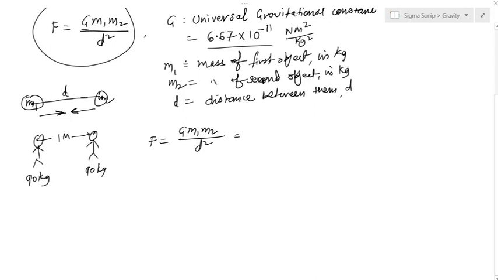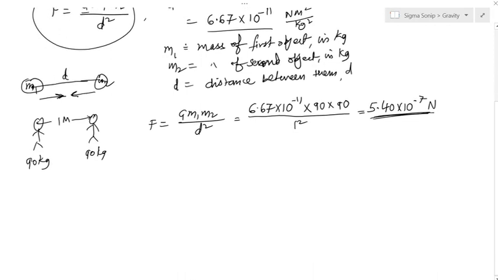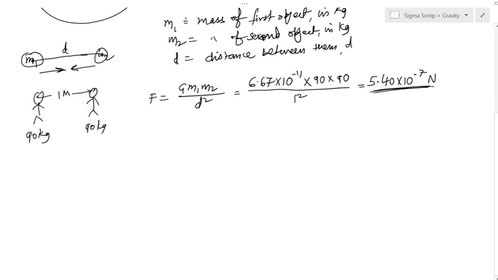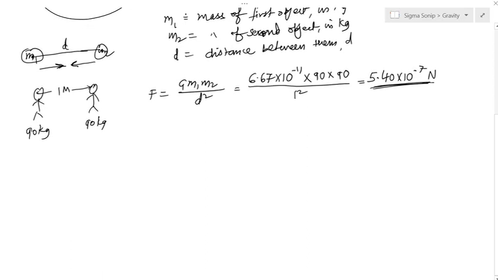In place of G, I will write 6.67 times 10 to the power minus 11, then 90, the second person is 90, and distance is 1 squared. If we calculate this, it comes out as this force in Newton, and we can see that it's a very weak force. So we will not be able to experience this force, because it's quite weak.